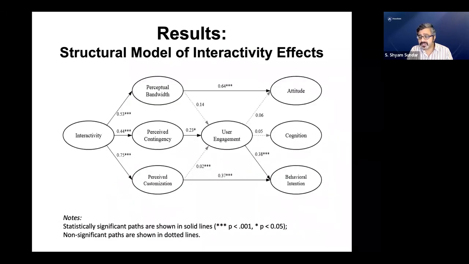We also tested a structural equation model with perceived interactivity as the exogenous variable and found that it predicted all three proximate mediators of the interactivity effects model, with perceptual bandwidth leading to positive attitudes, perceived contingency contributing to behavioral intentions through user engagement, and perceived customization predicting behavioral intentions directly.